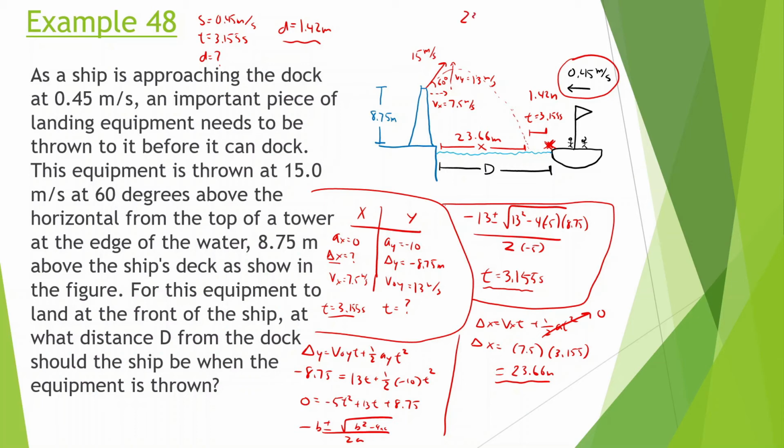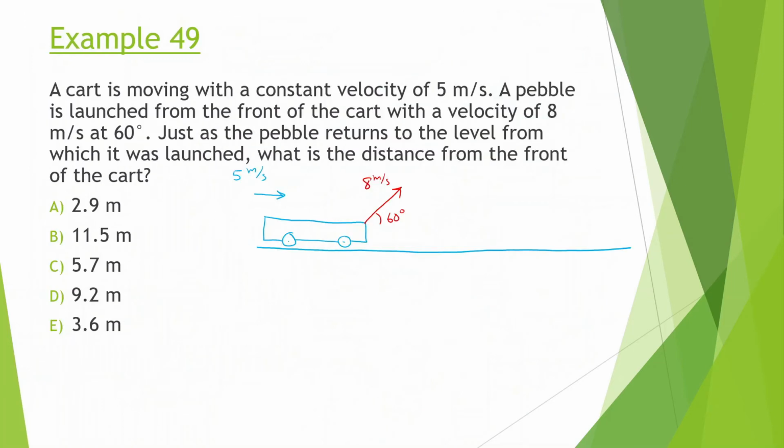So if we do 23.66 plus 1.42, we get around 25 meters. I hope that makes sense. Watch it again if it didn't, because there's a lot of steps to this. This one was pretty tough. Okay, all right, moving on.